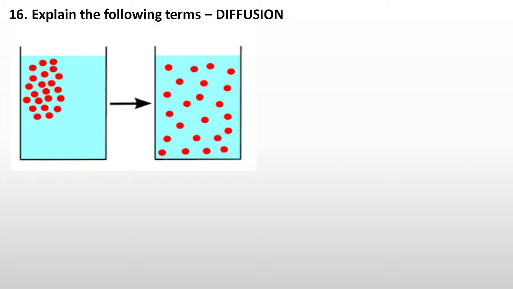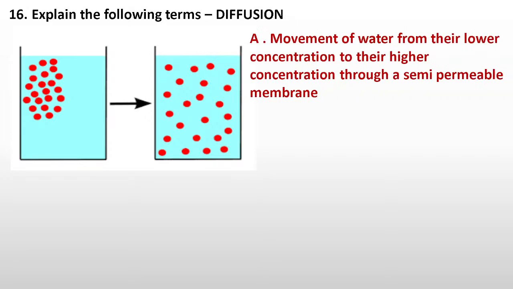Question number 16, explain the following terms. The first term that you have to define is diffusion. So this is the image given for your reference. A. Movement of water from lower concentration to higher concentration through a semi-permeable membrane.